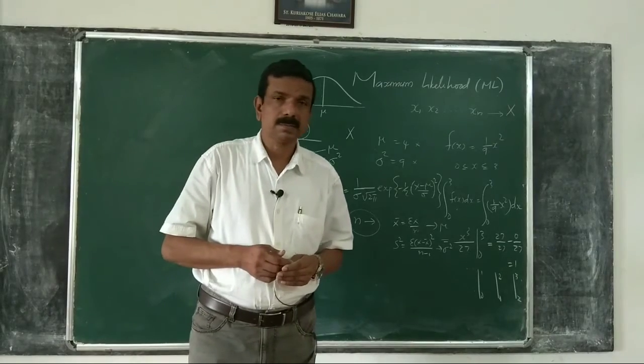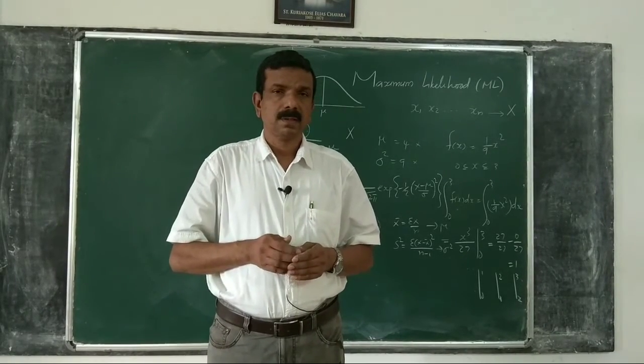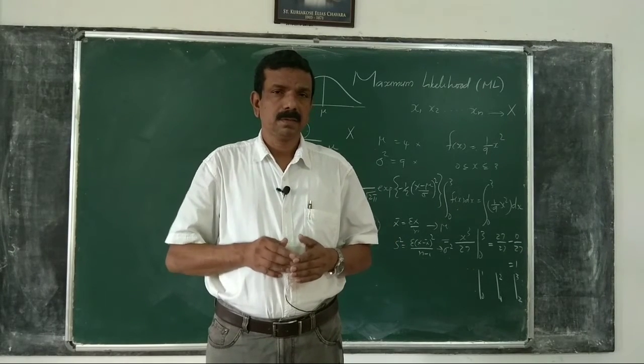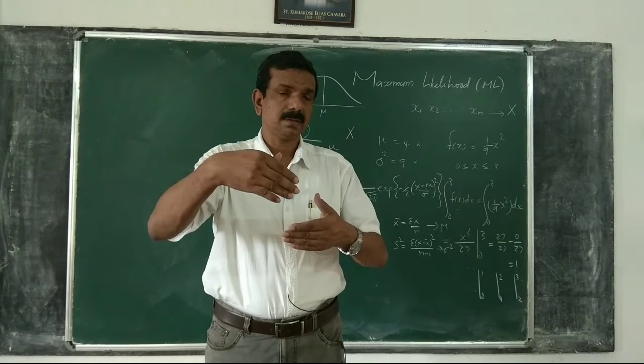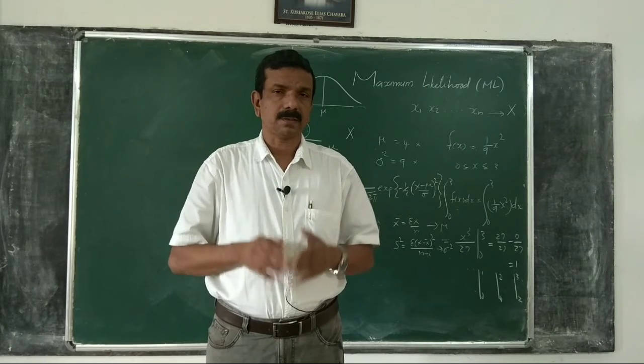The point is, n samples are observed, and these might have been generated by different sets of mu and sigma square. We do not know which one.